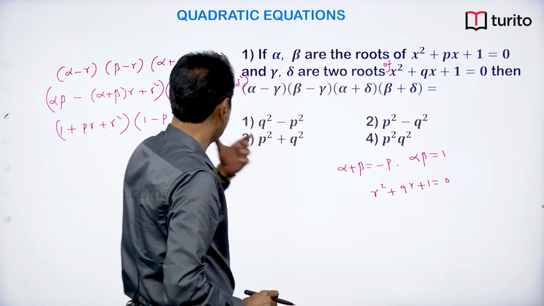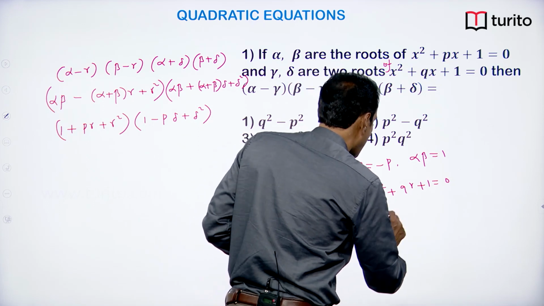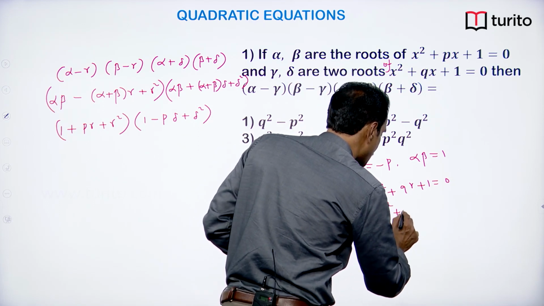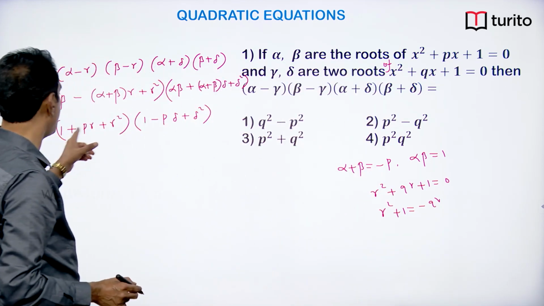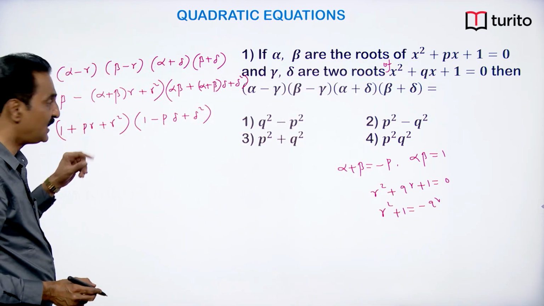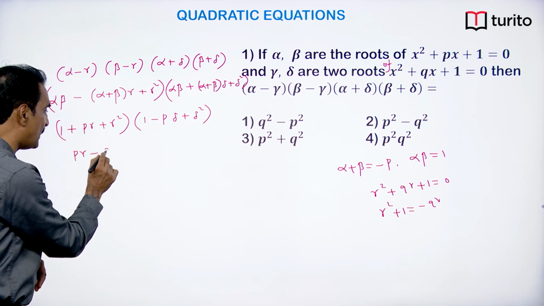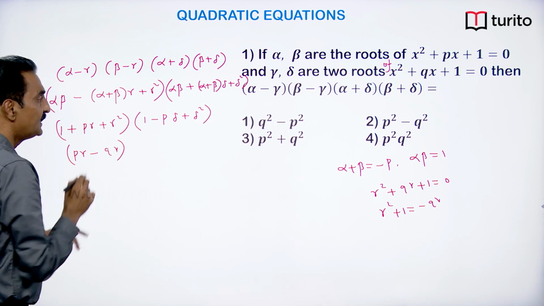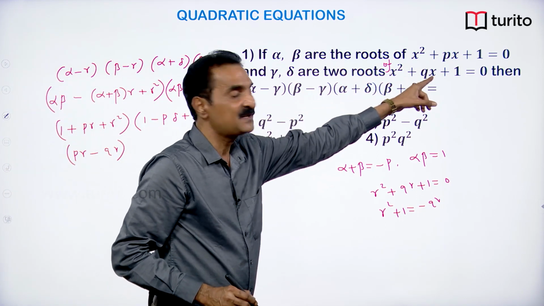So, we got this, then we are getting gamma square plus 1 is equal to minus q gamma. So, I will substitute gamma square plus 1 as minus q gamma, then you will get p gamma minus q gamma. Okay.